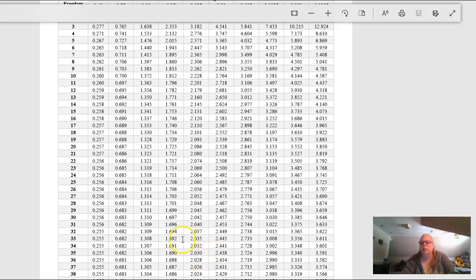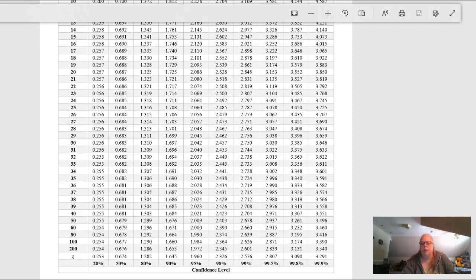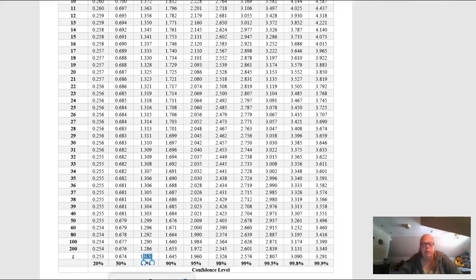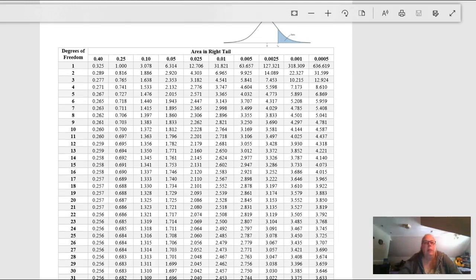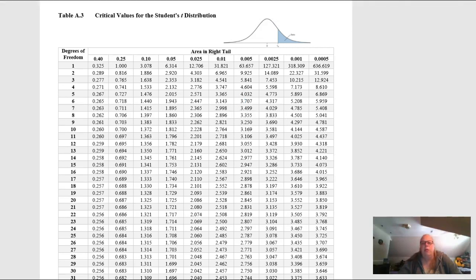Okay, let's figure out which column is 99% first. That's going to be this one right here. So we got 1, 2, 3, 4, 5, 6. This is the 7th one over. Now let's go up to line 5. 1, 2, 3, 4, 5, 6, 7. It looks like our critical value here is 4.032.